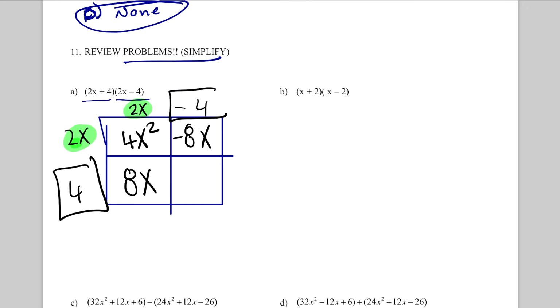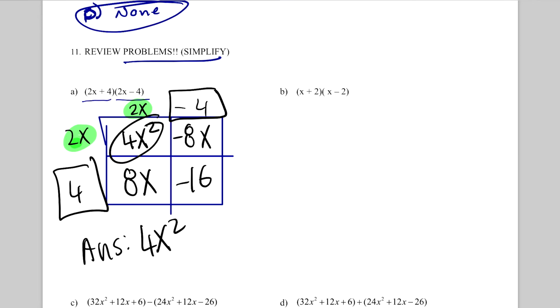Finally, 4 times -4, that gives me -16. Okay, so my answer to this problem is 4x squared. I'm going to add these together because they are like terms, but when I add them together, I get 0. So I'm not going to write it down. And then finally, I have a -16. That's my answer.